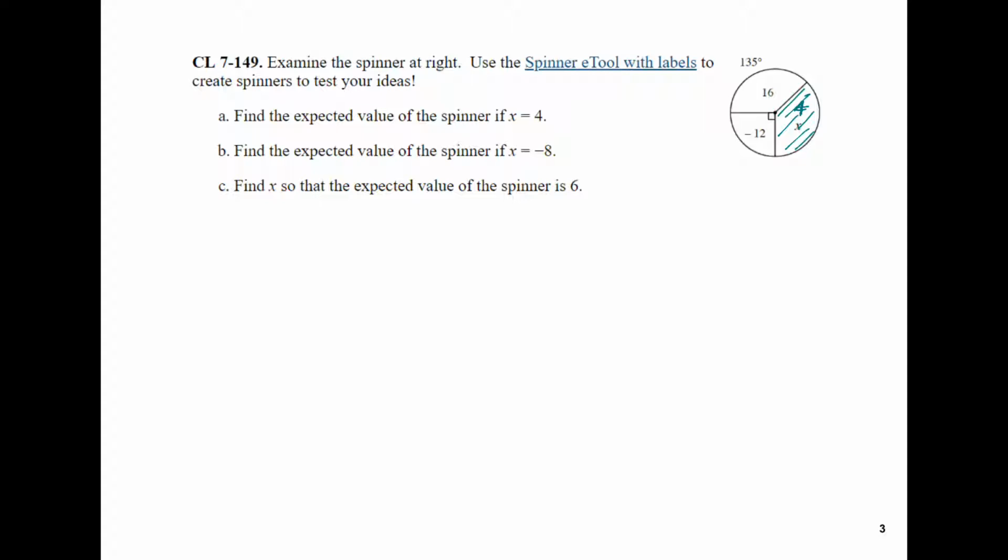So in this case, if x equals 4, this section right here is 90, and if we take 360 minus 135 minus 90, that gives us 135 degrees. If we take 135 degrees and divide it by 360, the probability of spinning that section is 0.375.